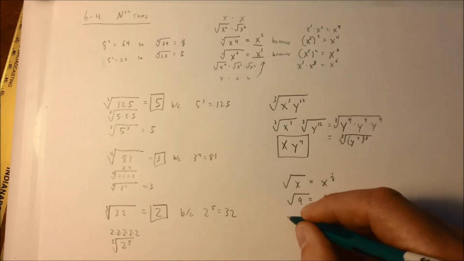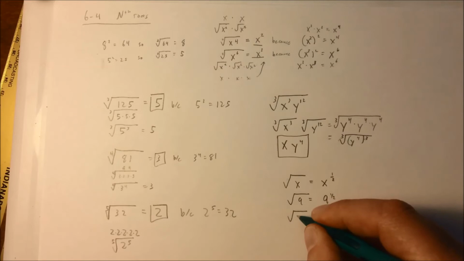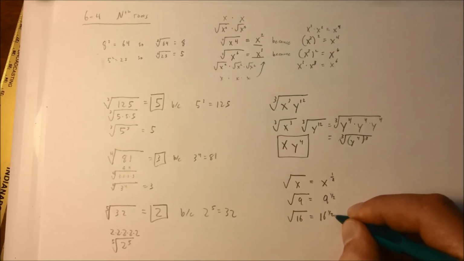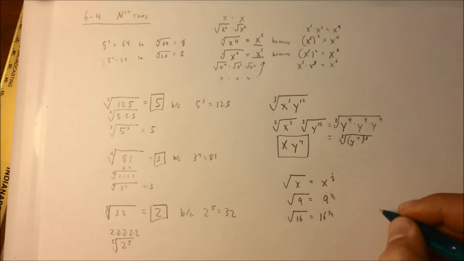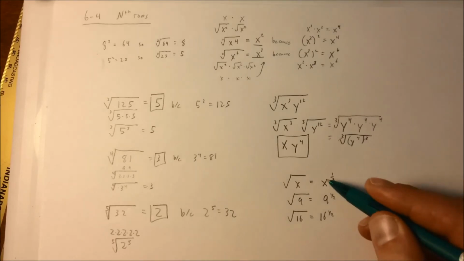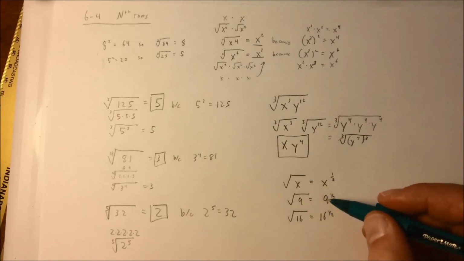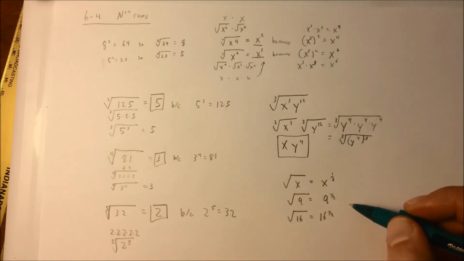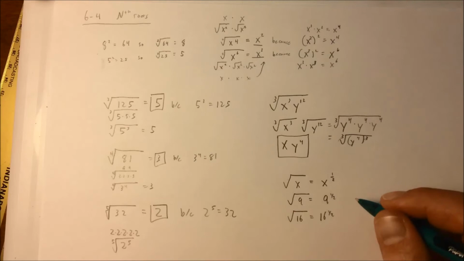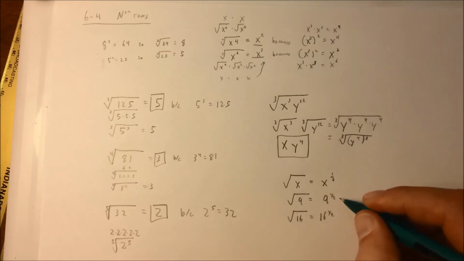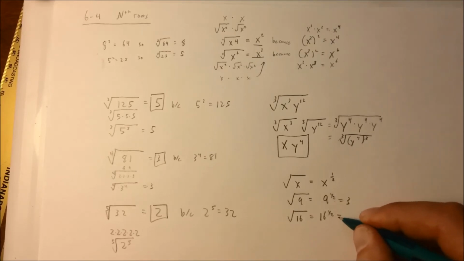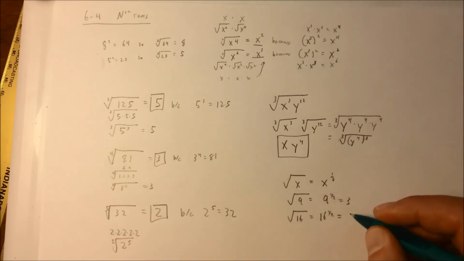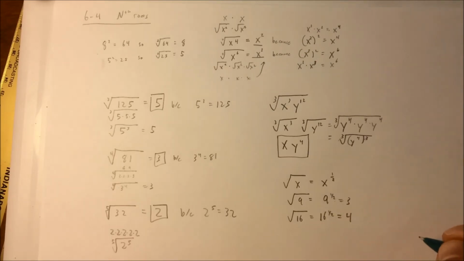I could rewrite the square root of 16 as 16 to the 1/2 power. If you decide to do this, go ahead and try in your calculator. Take 9, raise it to the 1/2 power, or raise it to the 0.5. You'll find the answer is going to be 3. And if you take 16 to the 1/2 power, you'll find the answer is going to be 4.